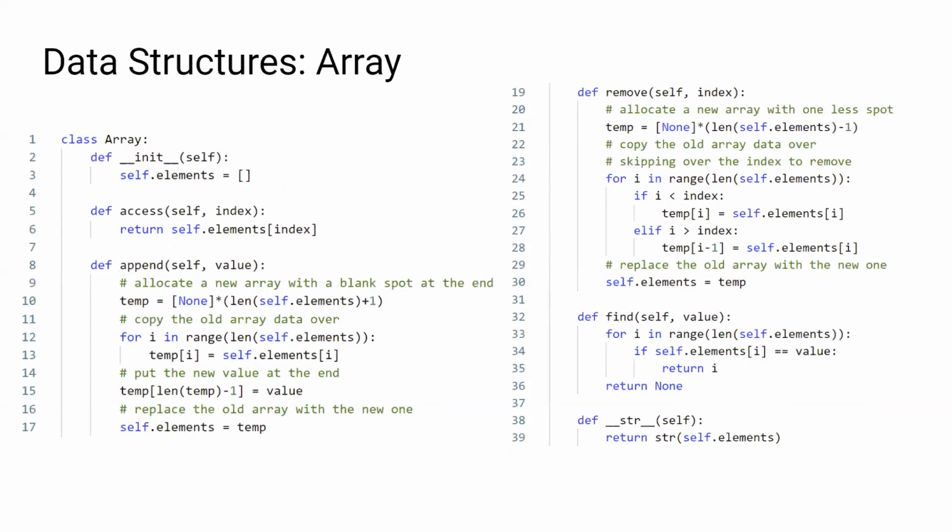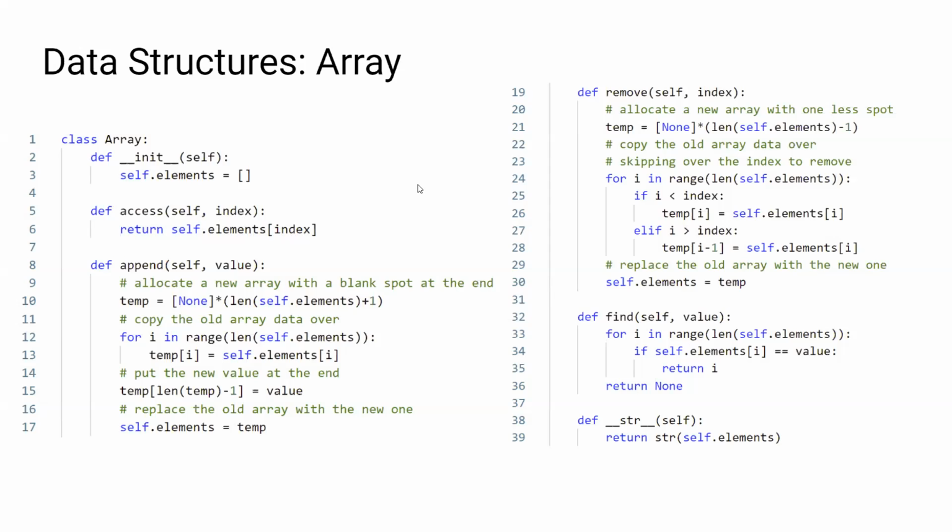So this is what it would look like in Python. Again, lists use arrays under the hood, but they're not exactly arrays because they have those append methods. We'll talk about that in a little bit. But basically access is a constant time operation: you just use the index to access the element in the list.